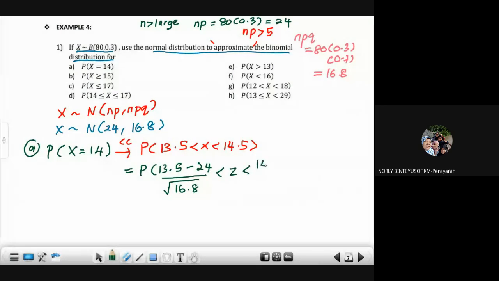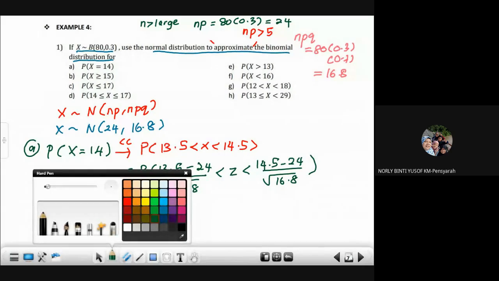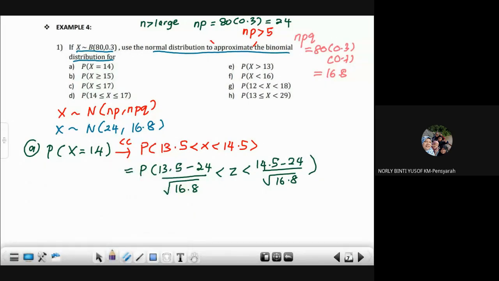Z, 14.5 minus 24 over square root 16.8. Ini kena tulis because that is your working step, sebelum you dapat the value in simplification, tapi dalam 2 decimal places lah kalau dia lebih daripada 2 tempat perpuluhan. Sebab kita punya Z mesti nak baca dekat table 2 je kan. So this is what you got.